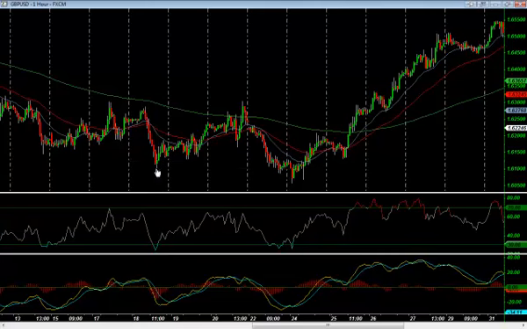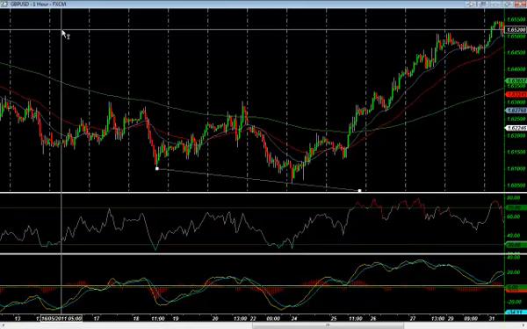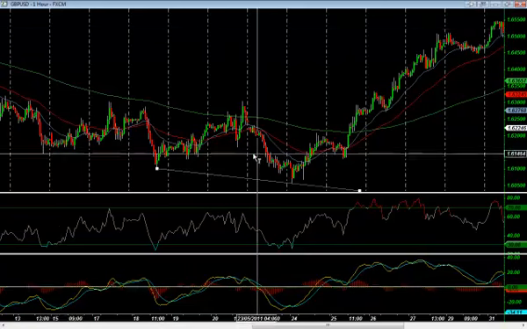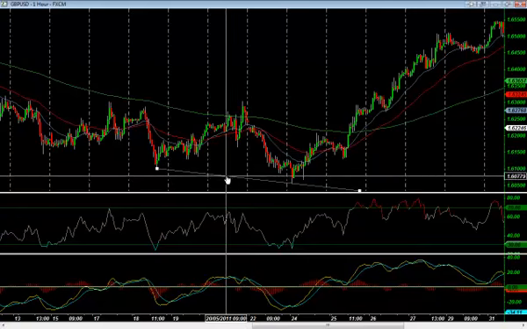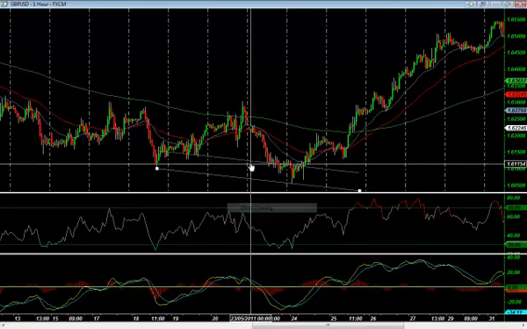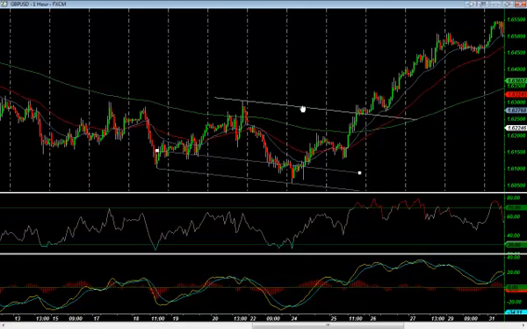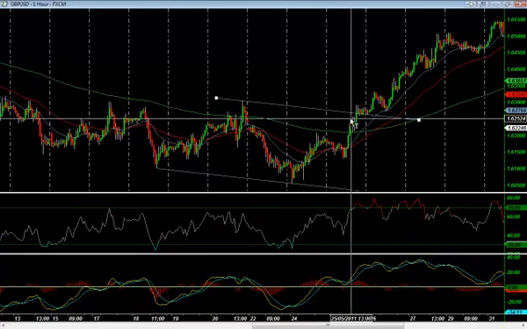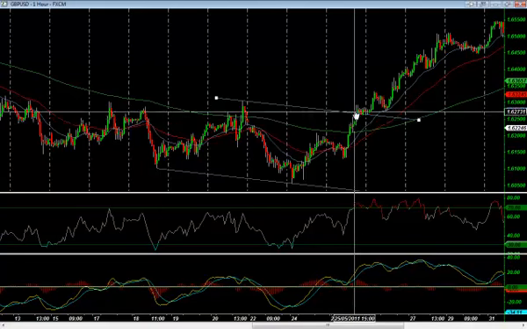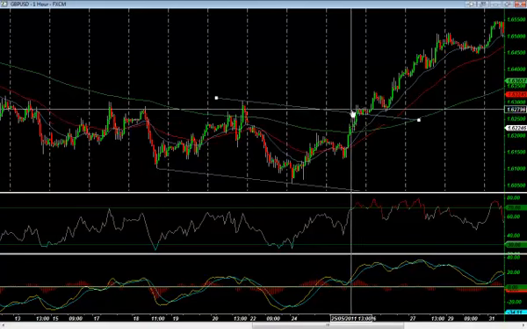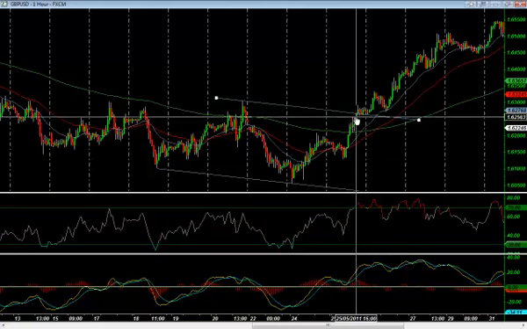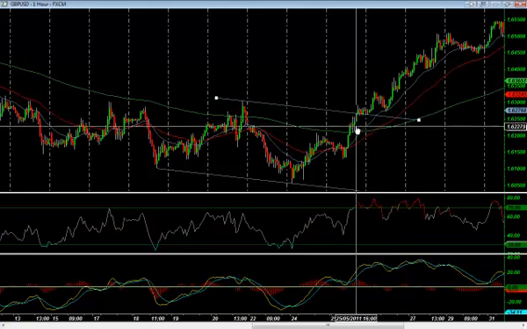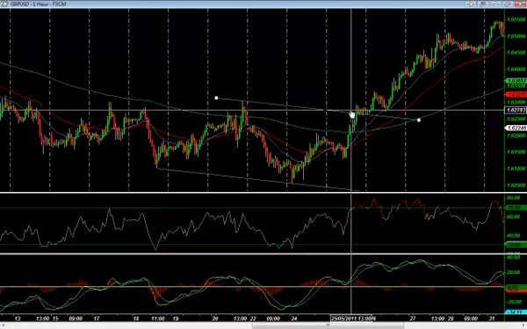Because if you don't wait for that channel line and it doesn't touch, what will happen is the market makers will see this, and they will actually see people getting a little bit excited, stop the price just before the channel line like they have here, get people to commit their funds to the market, thinking they're missing the move, and then basically move it down and then reverse the price and move it back up.